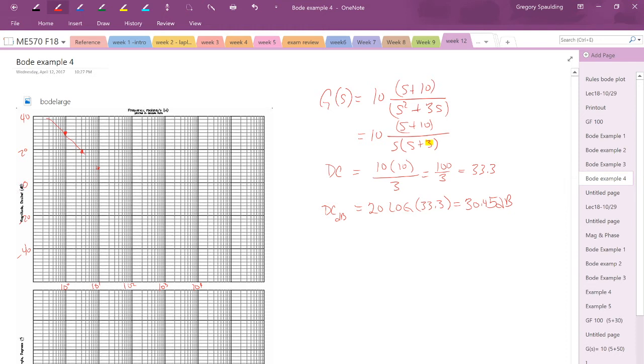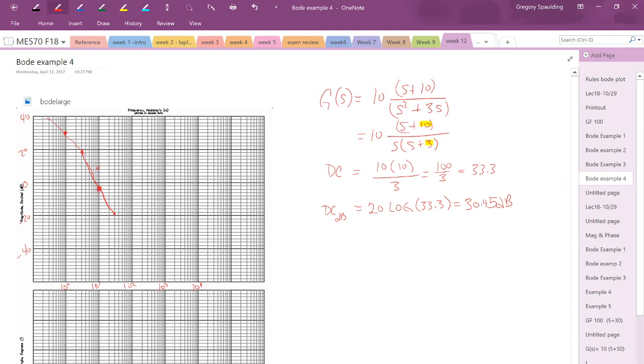So I go over 1 decade, and then down 40, 2 blocks, and I have a very squiggly line running through there. I follow that line along until I hit 10, the next largest pole or zero, which in this case is a zero.